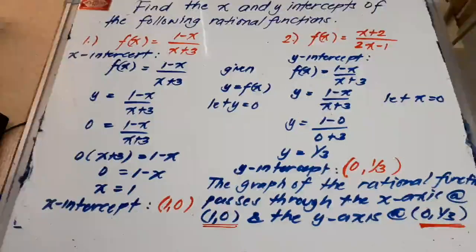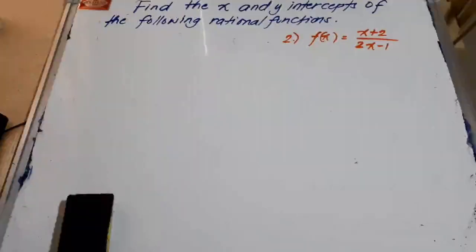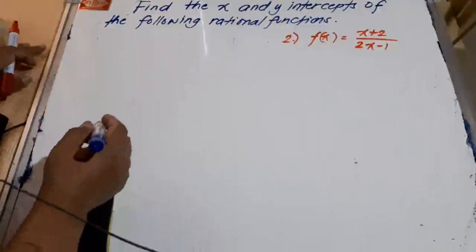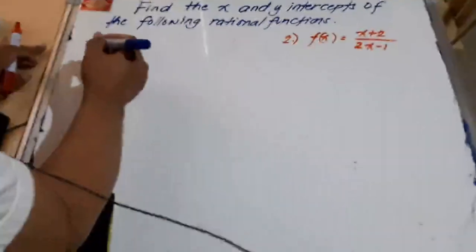So, I'm going to answer example number 2, para mas lalo pang maintindihan yung pagkuha ng x and y intercepts ng rational function. Okay, we have another example. Example number 2. We have the function f of x equals x plus 2 over 2x minus 1. We're going to determine again the x and y intercepts of this rational function.